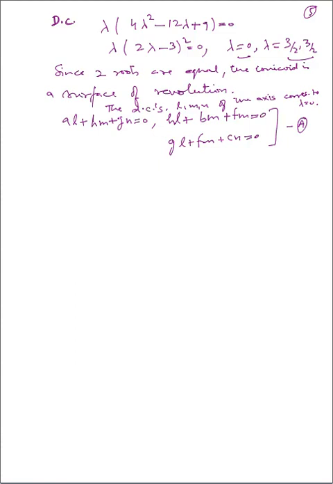First we will put the values of A, B, C, H, G, F, whatever. So 2L minus M minus N is equal to 0. This is, say, equation 1, and this is equation 2: minus L plus 2M minus N is equal to 0, and minus L minus M plus 2N is equal to 0. We will solve them.